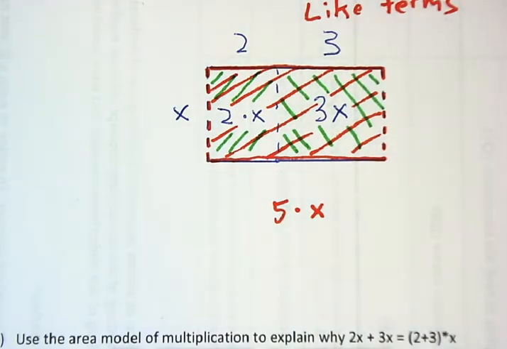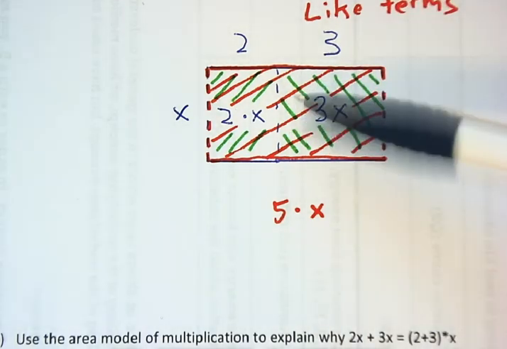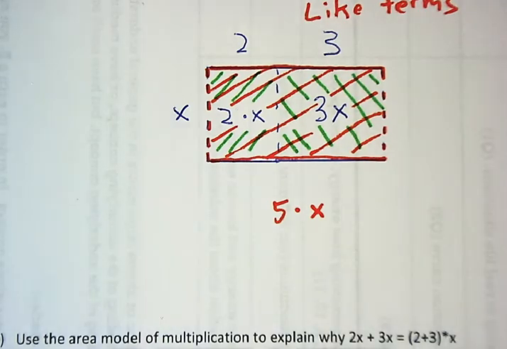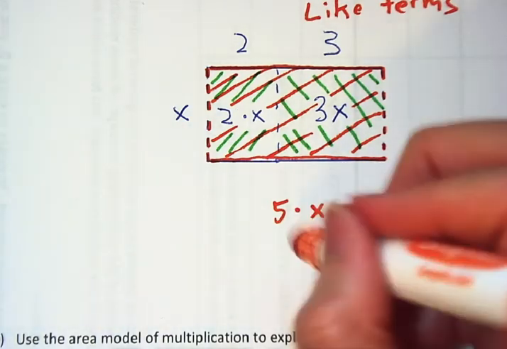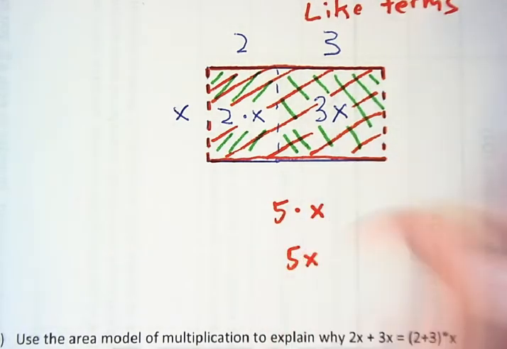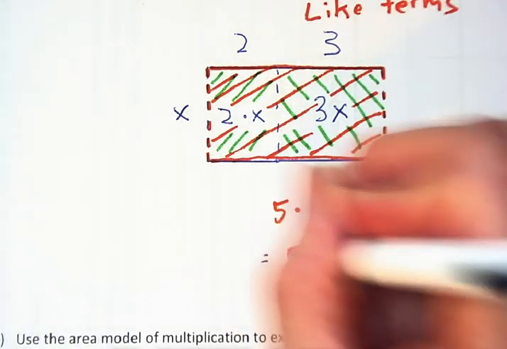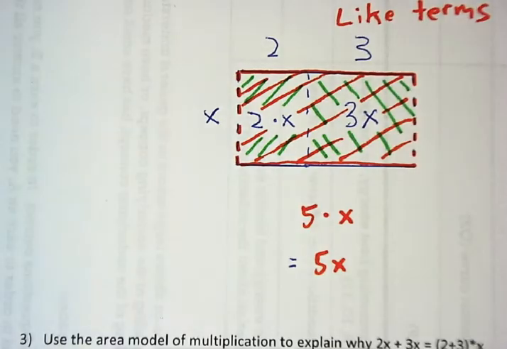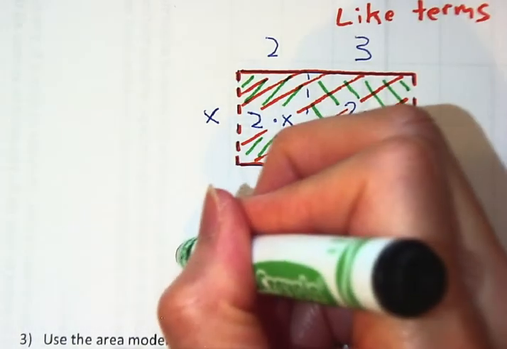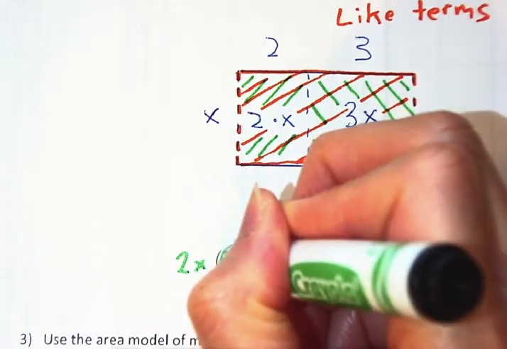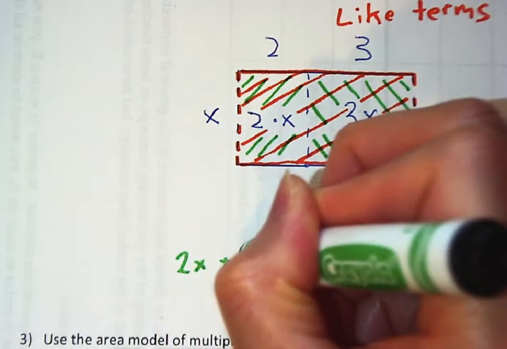But since they overlap, I know that the green area and the orange area are equal to each other. The orange area is 5x. And the green area was just 2x plus 3x.